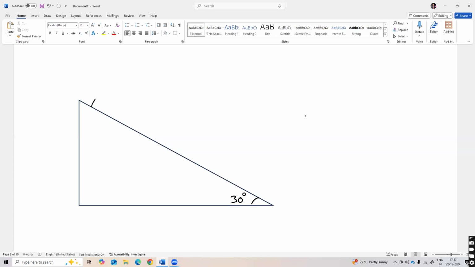Let's say this is the first one, attached with a string to another mass. Let's say this is the second one. This is the third one, and this is the fourth one. So this is 6 kg, this is 2 kg, this is 1 kg, this is 1 kg.